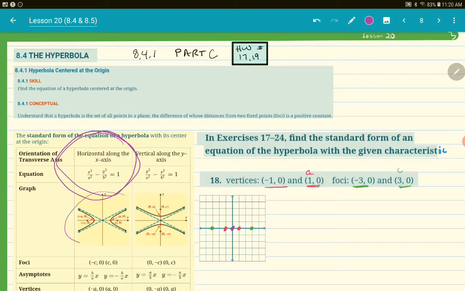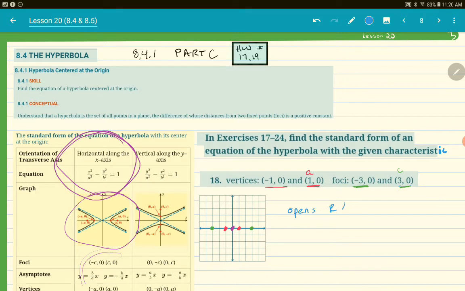This equation and this graph, these definitions for A and B. Okay, so I'm looking for that equation. So the general form of that equation, actually, I'll just make a note. Okay, so I'm noting a couple things.